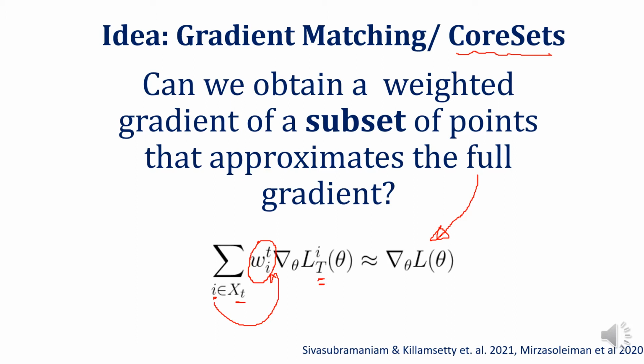This is needless to say on the training data set, that's what you see as the subscript capital T. What we would like in this setting is that the weighted average of the gradients of the loss for the points belonging to the selected subset approximates the gradient on the entire data set, and this is the full gradient on the right hand side. Now why is this interesting? Well, this characterizes core sets, the set X_T that you identify.